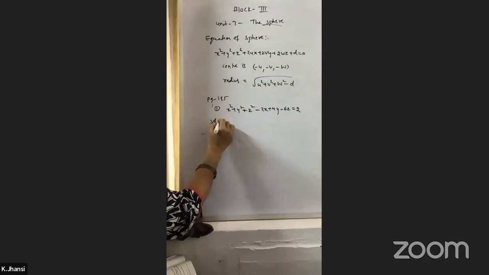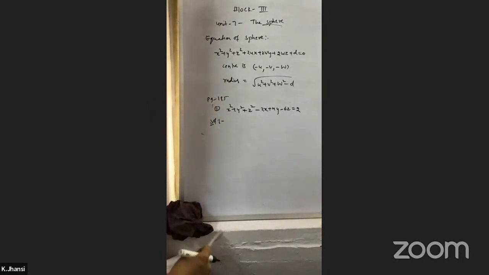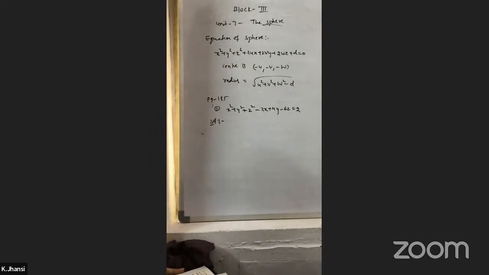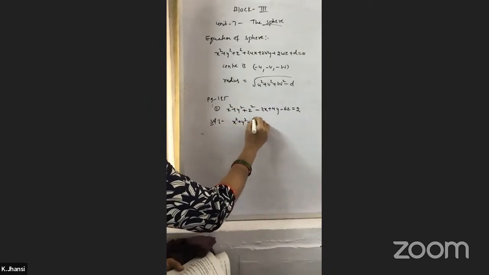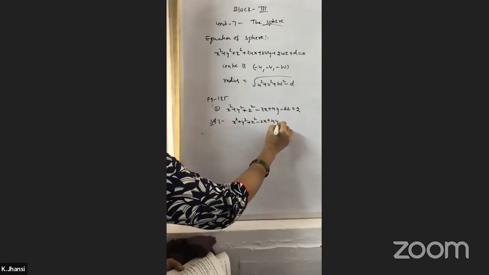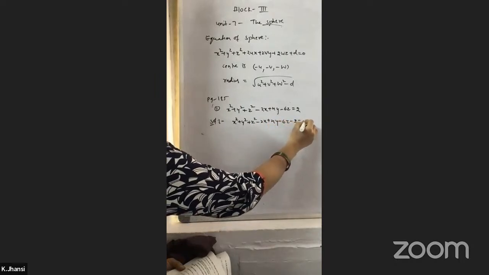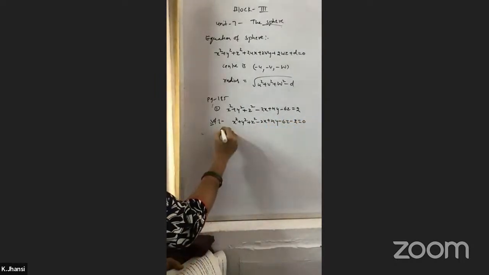First you convert it into the equation of the sphere, which means you take the 2 inside. Now write this as x square plus y square plus z square minus 2x plus 4y minus 6z minus 2 equals 0.